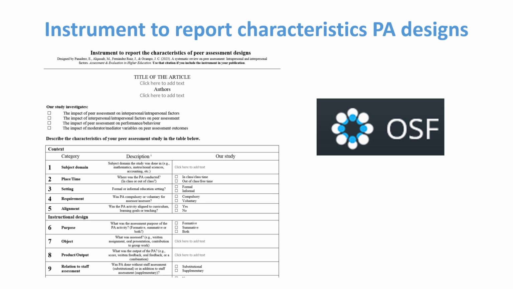So for this aim, we created this instrument. Our intention is that the instrument that we have created can help report the characteristics of peer assessment designs and interventions for both teachers and researchers. The idea is that, for example, if one researcher has done a peer assessment article, they will fill out this instrument and include it as an appendix.